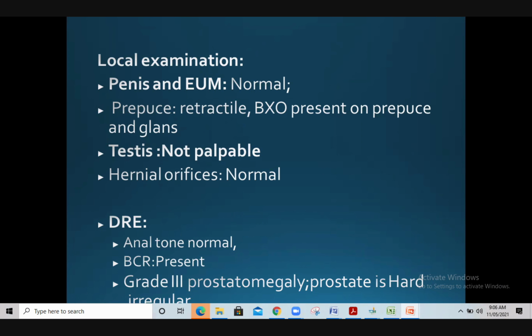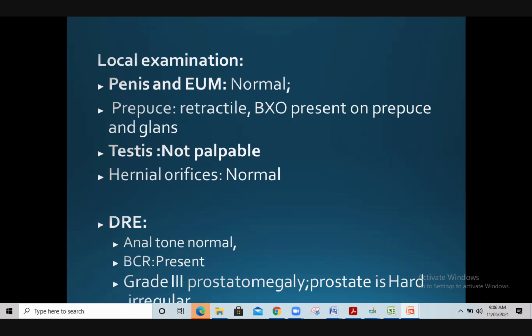Is there anything more you want to know? On the external genitalia. Ma'am, how is the meatus? Mentioned normal, ma'am. Apart from that, any urethral thickening, induration, I would like to know, ma'am.